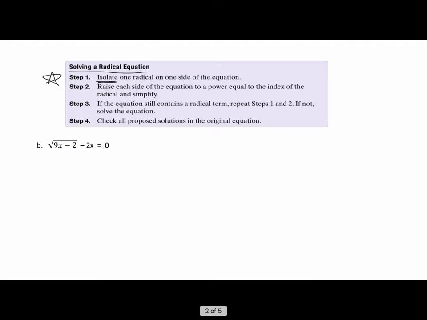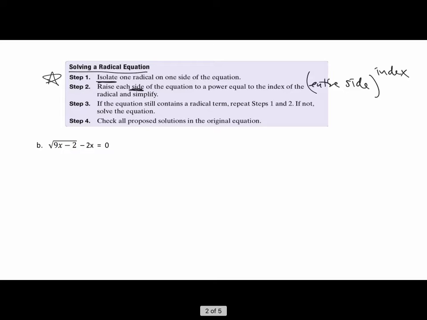So once you have isolated one radical on one side, raise both entire sides, that's the key, to the power of the index. And simplify. If your equation still contains a radical, which it may if there was more than one, then go back to step 1.